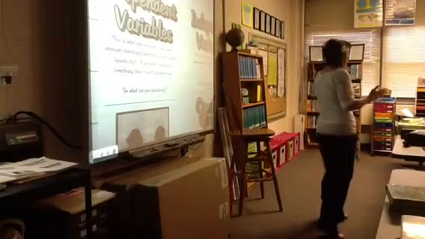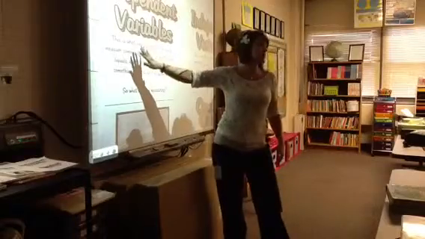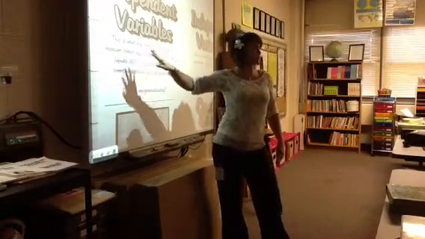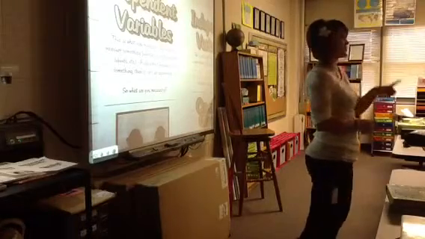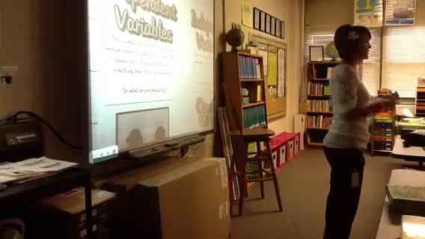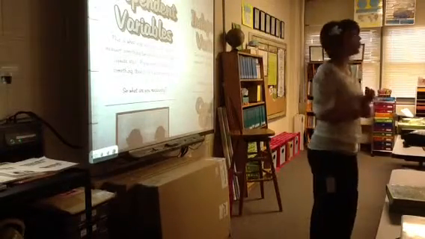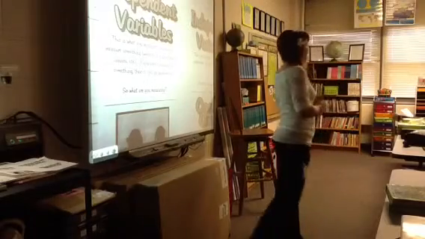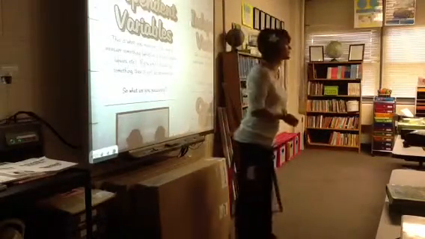Anyway, so that's why with our dependent variable, we always have to have numbers. We always have to measure in numbers. You may measure distance. How far did the paper airplane go on the first trial? How far did it go on the second trial? So we're going to be measuring in feet, or in meters, or in yards. Or you could measure time. How many minutes did it take for the ice to melt that was on the black construction paper?